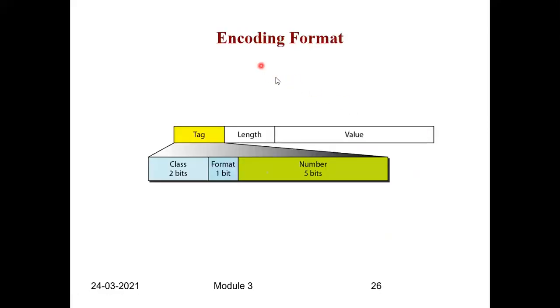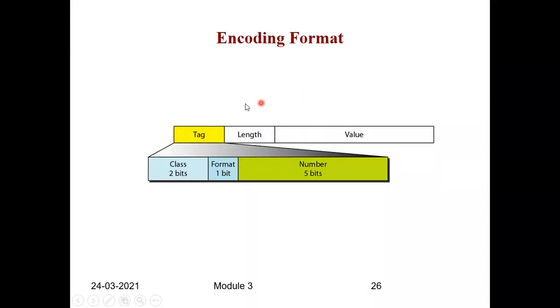Now, what is the encoding? These are the attributes of the objects which we are discussing. For an object, I need to know the encoding format. The encoding format you already know is tag, length, value. The tag is an 8-bit tag: first is the class, then a 1-bit format, primitive or constructed, and then the number.